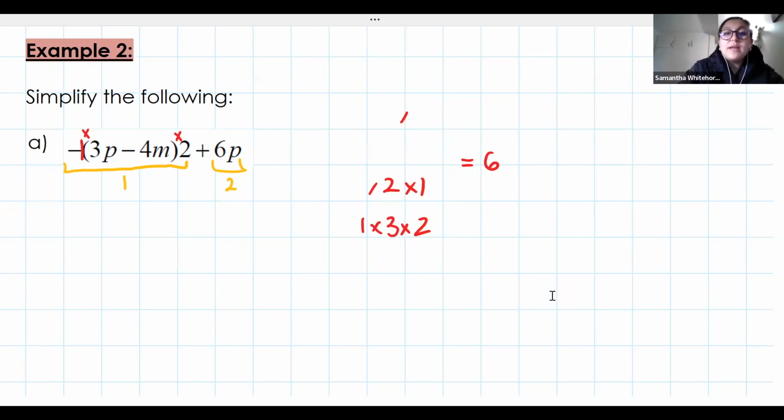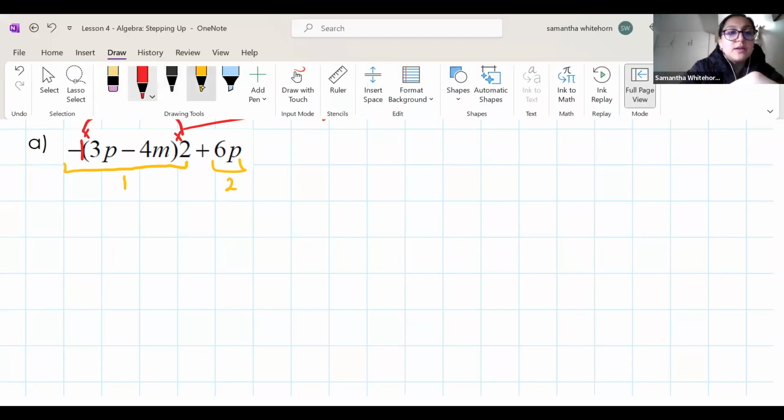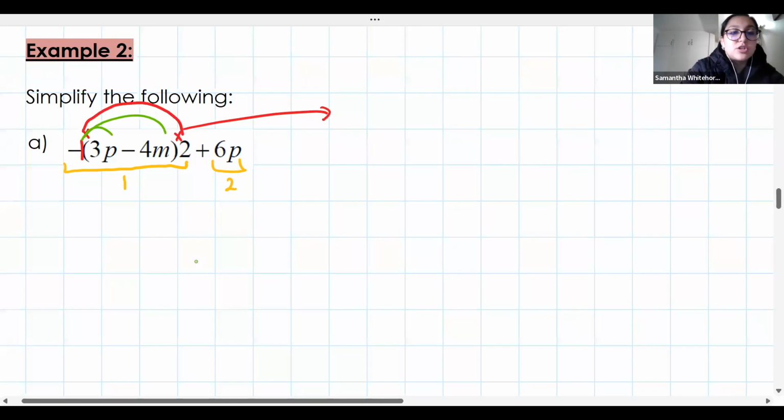And so whenever we have a situation where we have got 2 coefficients, what we do is we multiply the 2 coefficients together, and then that is what we distribute into the bracket. Otherwise, what's going to happen is that you're going to have to do a double distribution of the negative 1 and then the 2. And that just becomes a lot of work unnecessarily.